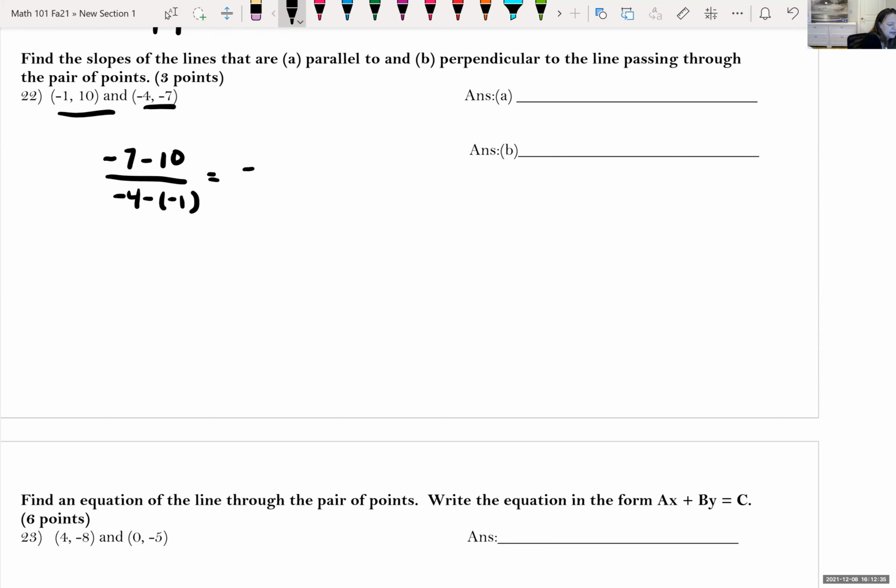So this gives us -17 all over, this is really -4 plus 1, which would give us -3. 2 negatives make a positive, so this is 17/3. So the slope of the parallel line is also going to be 17/3, and the slope of the perpendicular line is going to be the negative reciprocal, so -3 over 17.